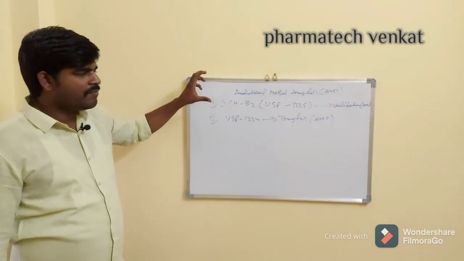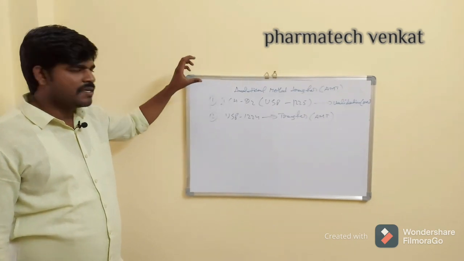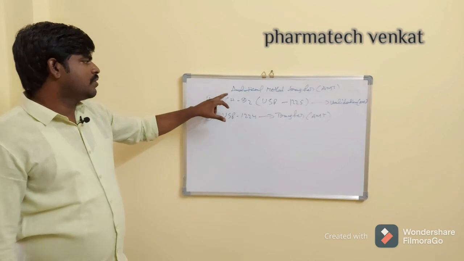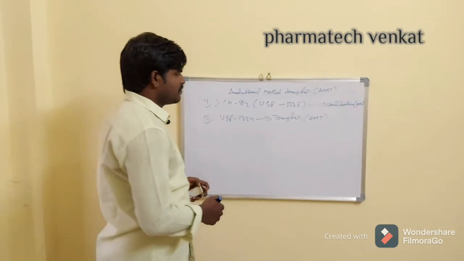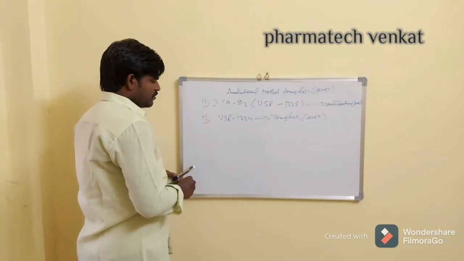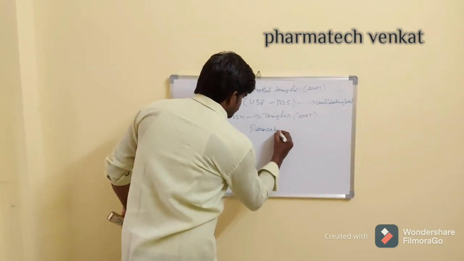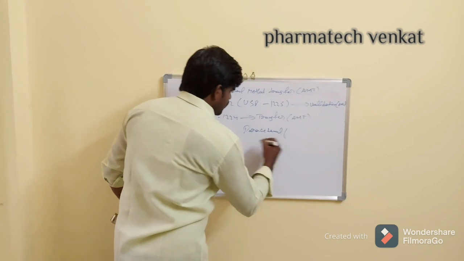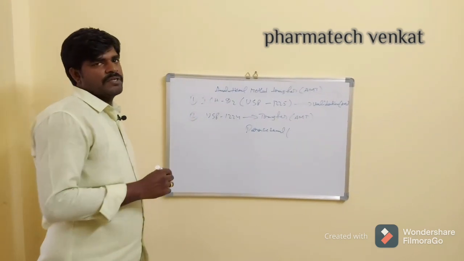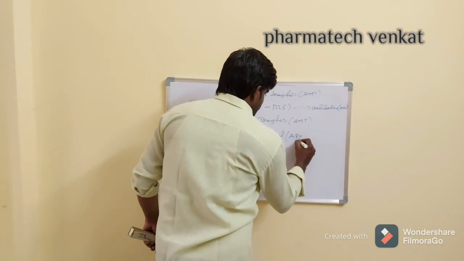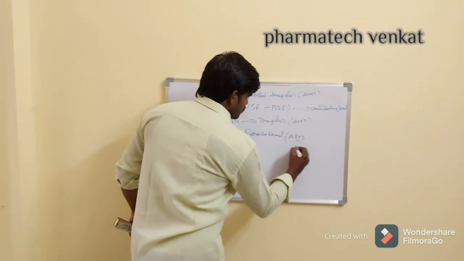The transferring lab will provide each and every requirement of the particular method. For example, I want to transfer some product, paracetamol. For paracetamol, there are two types of method, whether paracetamol is an API or a finished product.